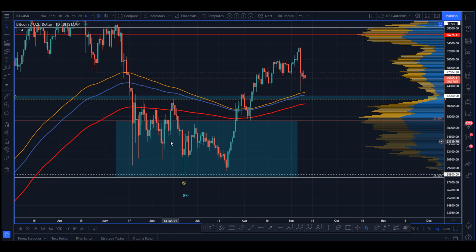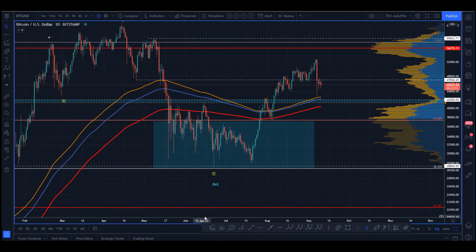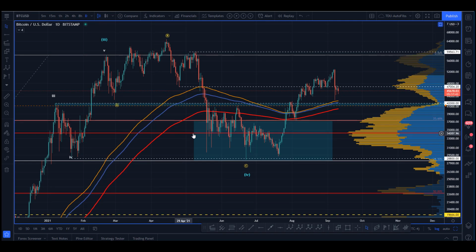To those of you out there saying Elliott Wave doesn't work in Bitcoin, it doesn't work in crypto, I don't think you understand what Elliott Wave is measuring. It seems counterintuitive, but it's not just the wave relationships.